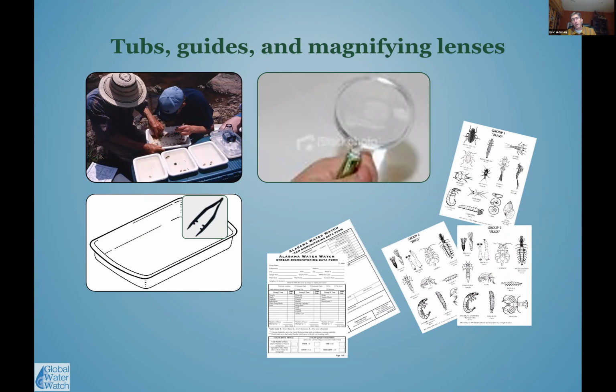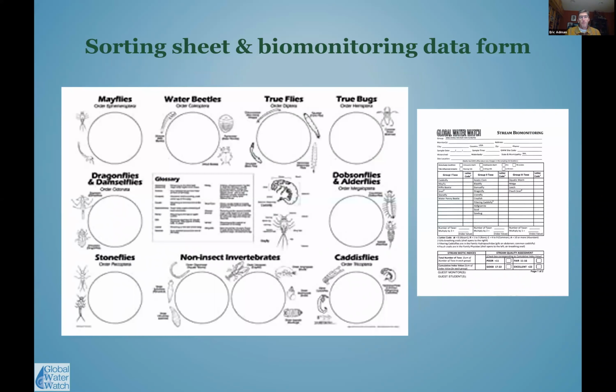We'll use tubs. We may use buckets. So what we do typically is collect our sample in the net, and then we'll put it into these tubs, and then from there we'll sort them out and put them into little petri dishes put on a sorting sheet. So these are some other pieces of equipment we're going to use.